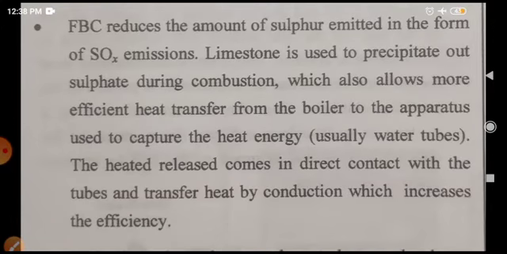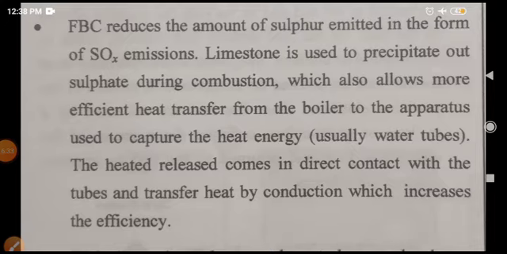FBC reduces the amount of sulfur emitted in the form of SOx, that is sulfur oxides, dioxide, monoxide, whatever emission. Then limestone is used to precipitate out sulfate during combustion, which also allows more efficient heat transfer from the boiler to the apparatus used to capture the heat energy.